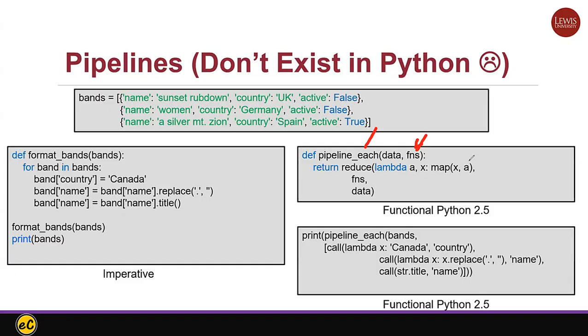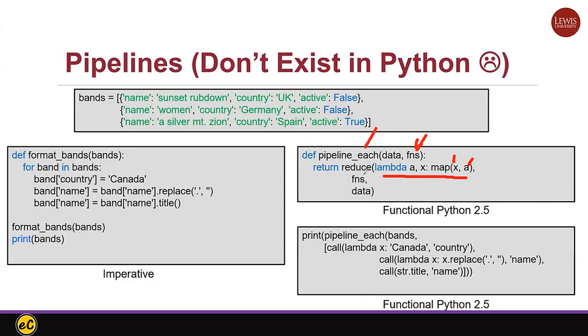So you map lambda a and x. I think x is a function, with a, okay. A is the value, probably an array. X is a function. You map the function to the array. This is a map function, a mapping function to the array.